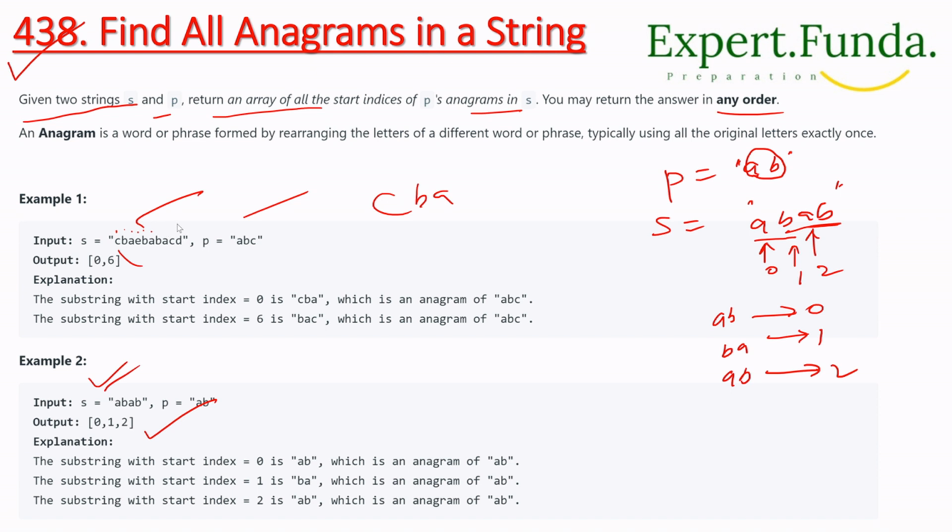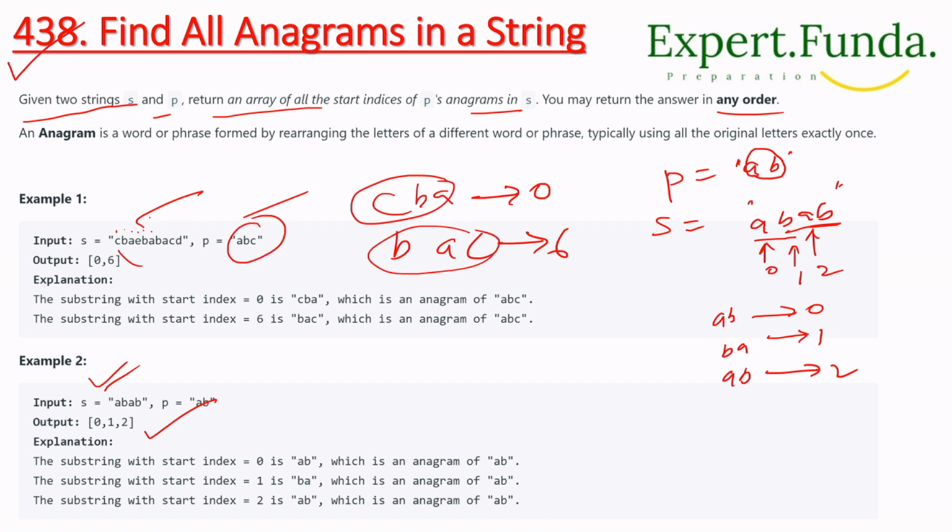At index 6 we have bac. So you can see in example 1, we have to find anagrams of abc in the string s, and we are finding them at two indexes, 0 and 6. So we can return 0 and 6.